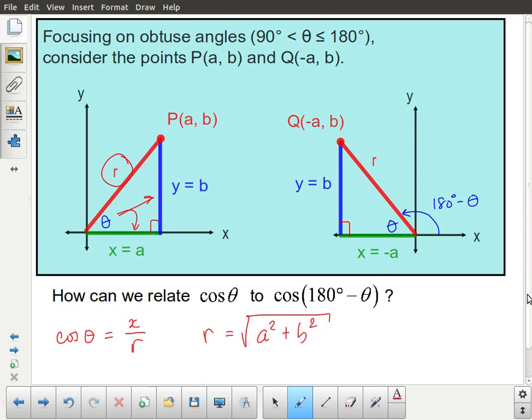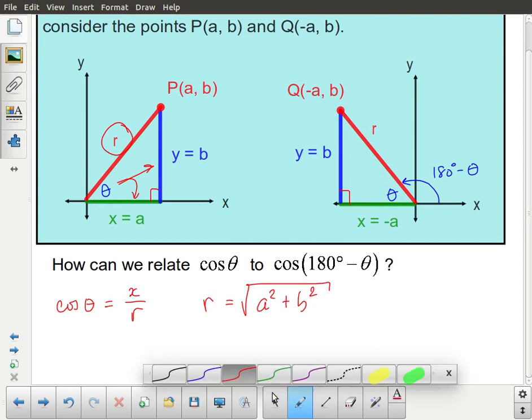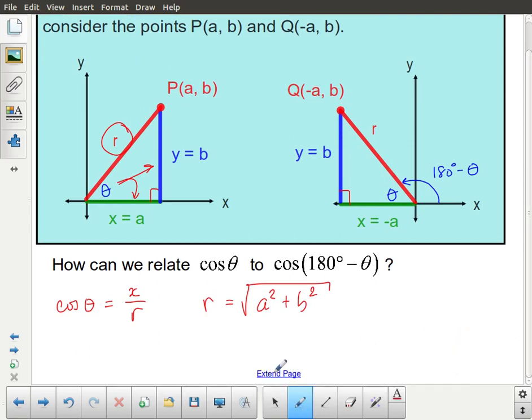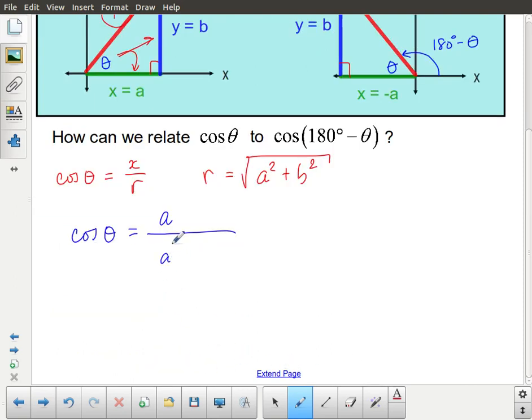Now that I've got those, let's see how those end up being applied in this case. The cosine of theta in this case is the x-coordinate, which is a, divided by the r value, which is the square root of a squared plus b squared.